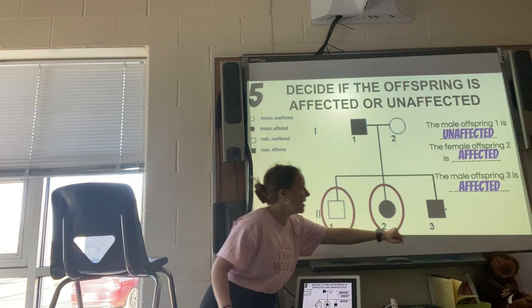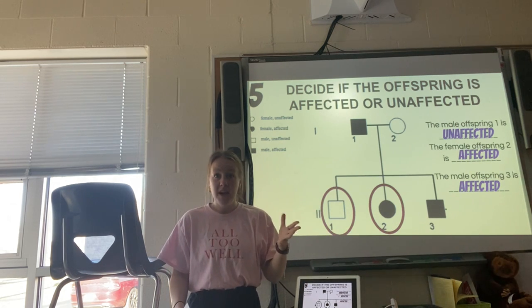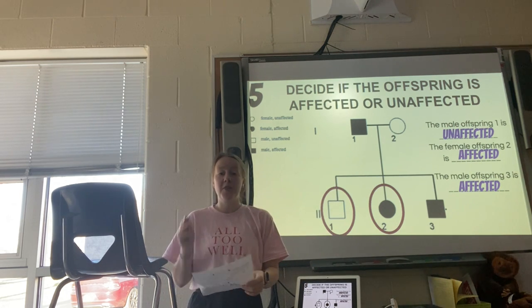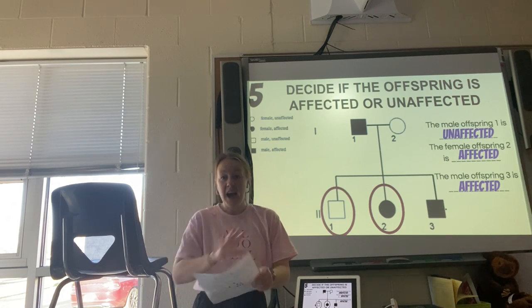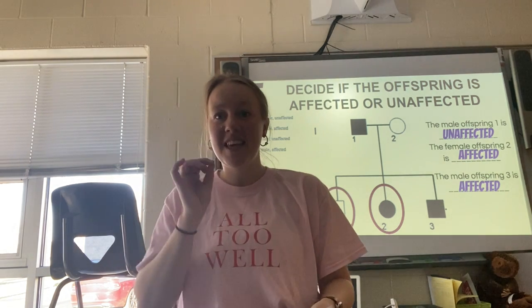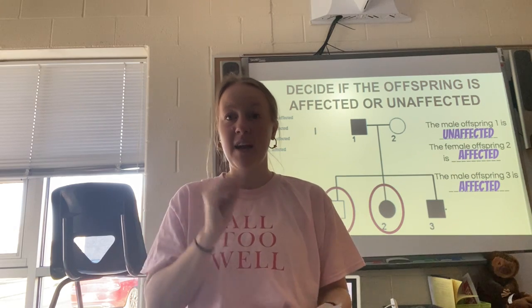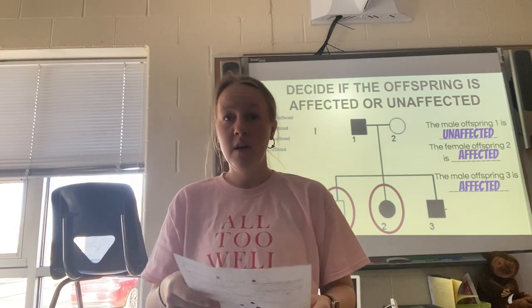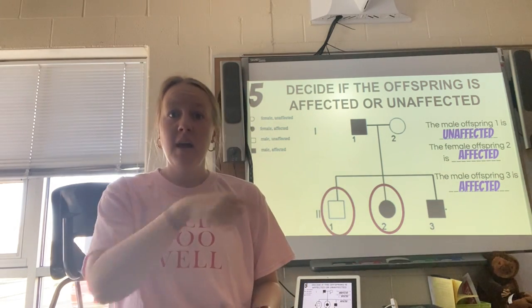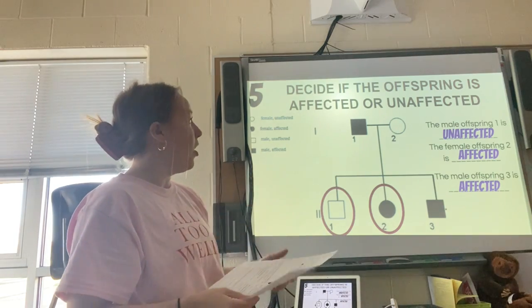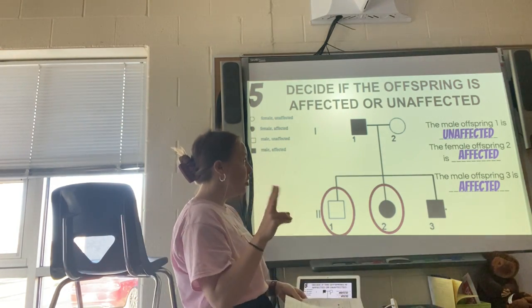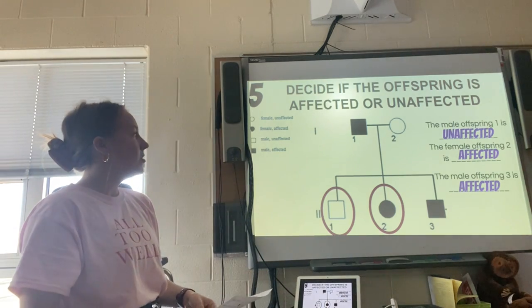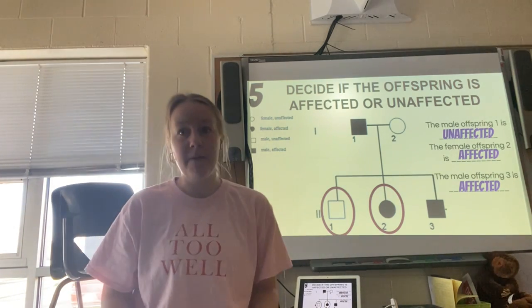And then number 3 is a male, and it's shaded in, so the third male is affected. I knew that by looking at the key and understanding how that key reads. Pick up your pencil and copy down male offspring 1 is unaffected, the female offspring 2 is affected, the male offspring 3 is affected.